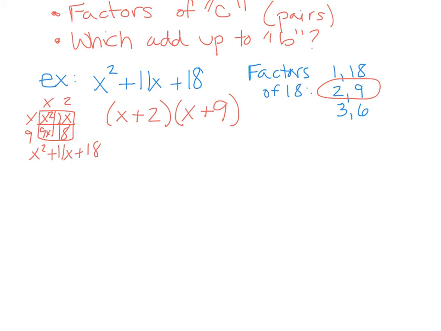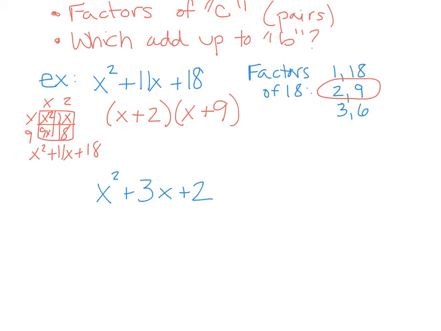Next one: x squared plus 3x plus 2. You can take a minute to try this out. What are the factors of C? Do any of those add up to B? Can you write it as the product of those two binomials? Pause the video if you need to.